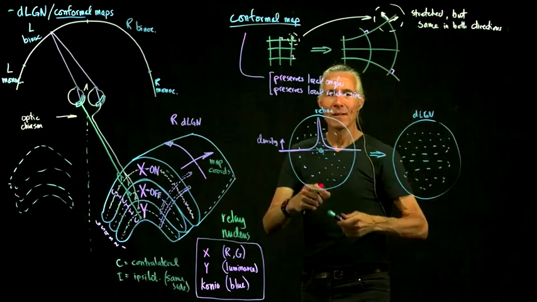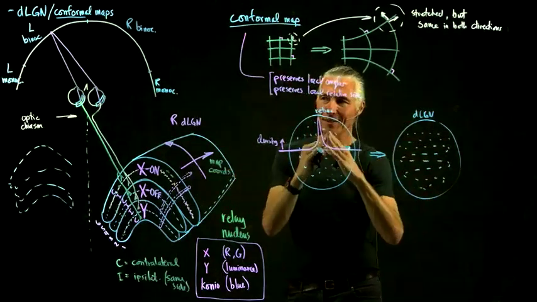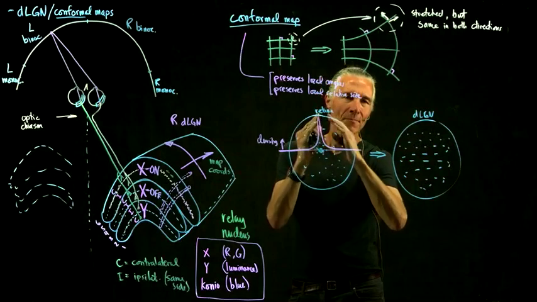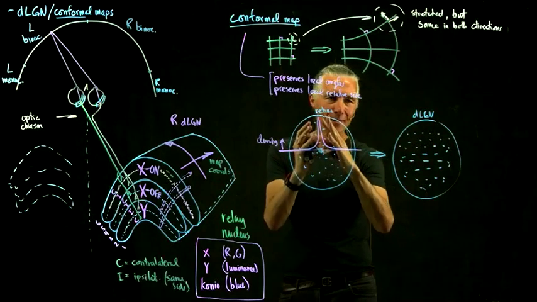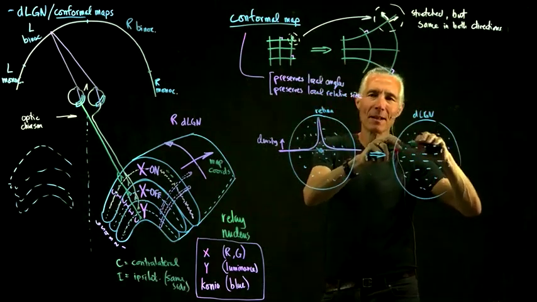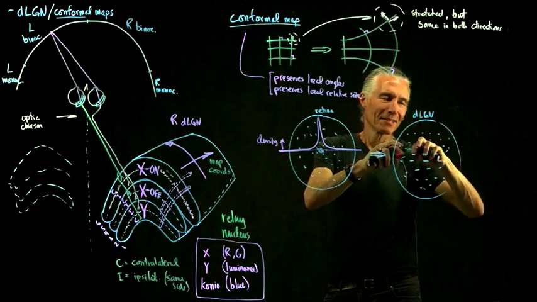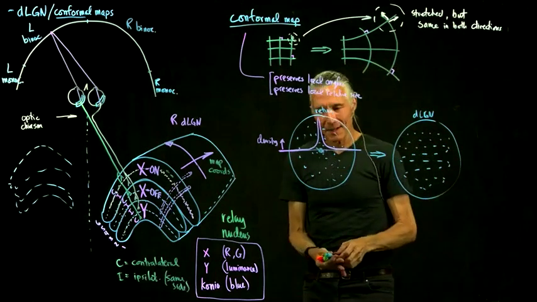Well, imagine this retina was like a rubber sheet with a big thing sticking up in the middle of it. That's kind of the problem we have. We have to take that rubber sheet and somehow stretch it so that it's all about the same stretchiness on the geniculate.